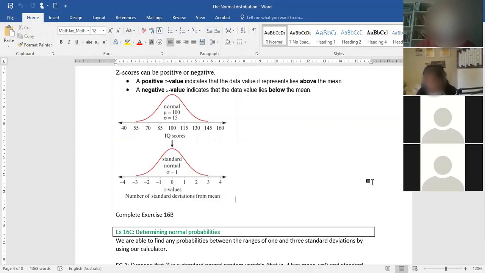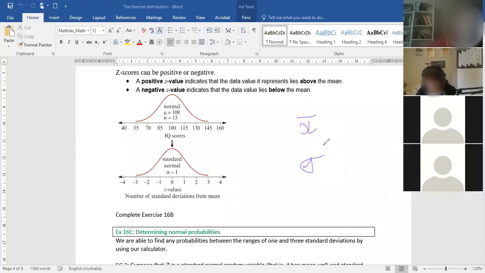I know generally you would use the x with the bar across the top for the mean, and you would use that for the standard deviation. Get used to both of them, because if the book or the exam shows you that symbol, you need to understand what it means. If you don't, how are you going to know it's the mean?